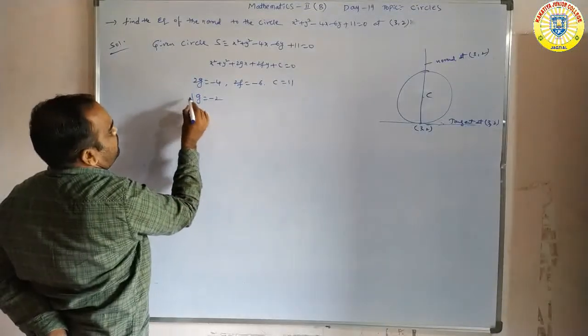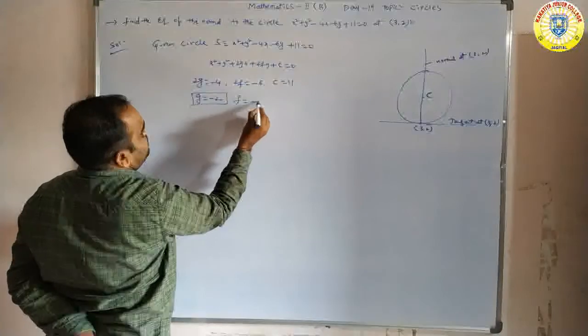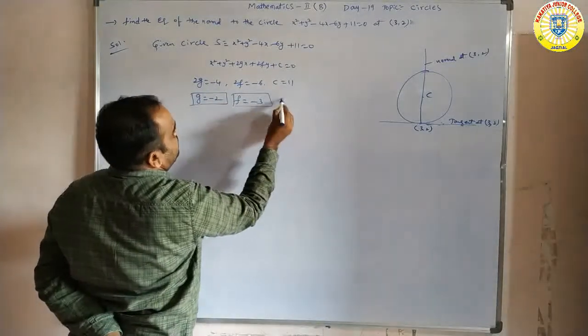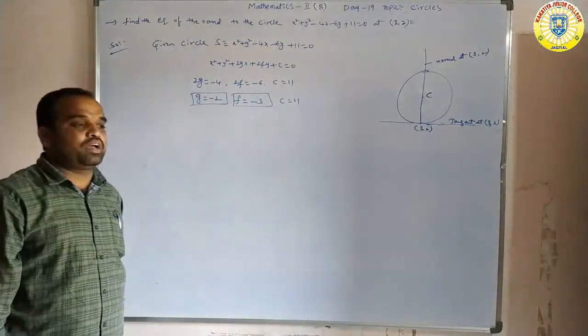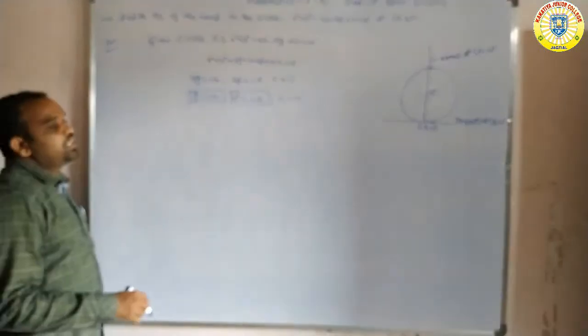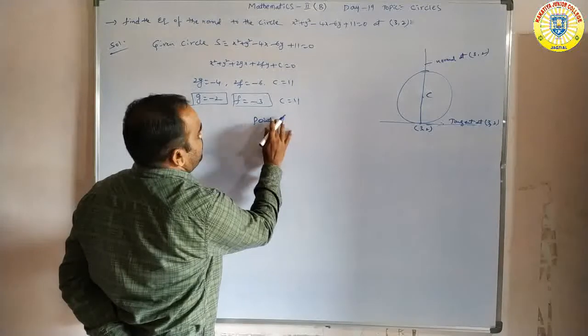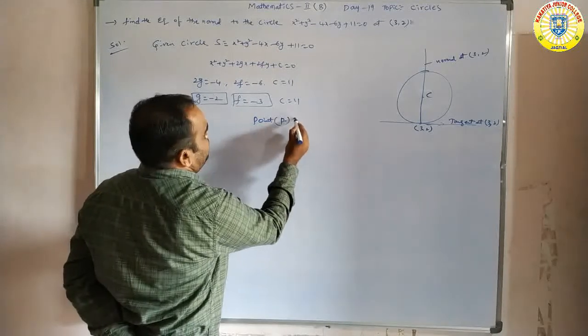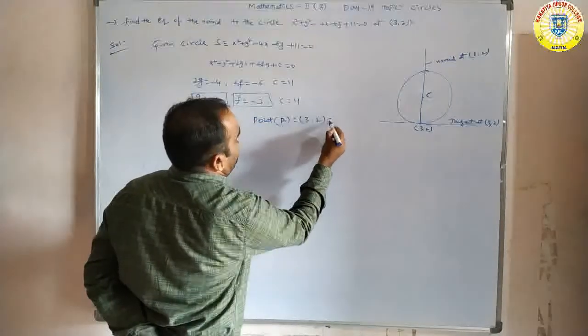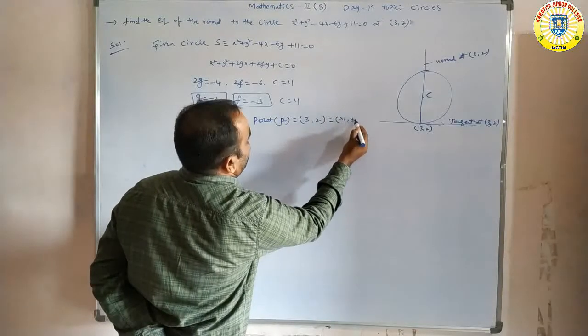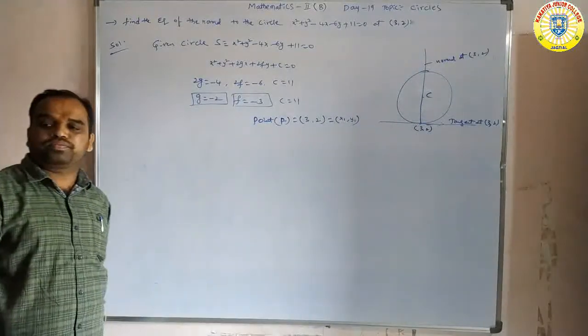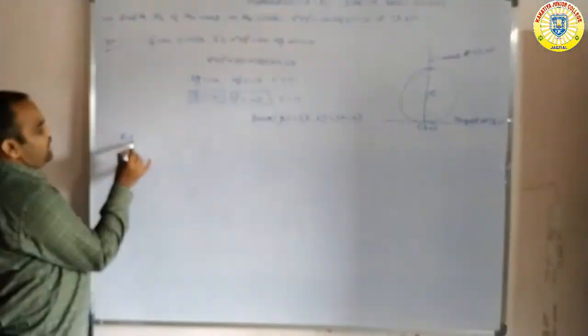So g is equal to minus 2, f is equal to minus 3, c is equal to 11. The given point P is equal to 3 comma 2, that is x1 comma y1.